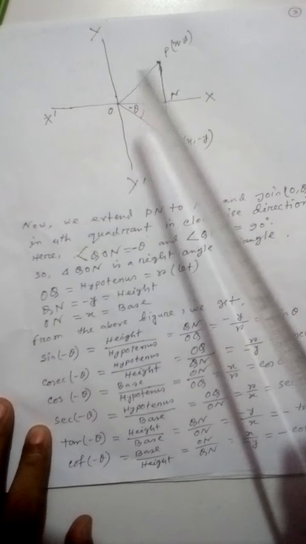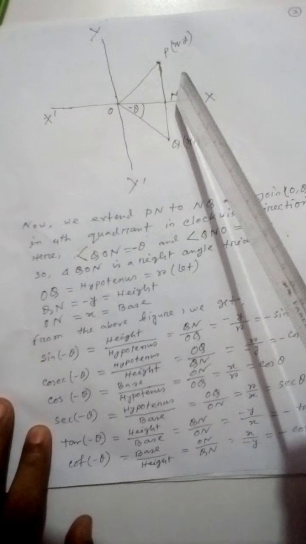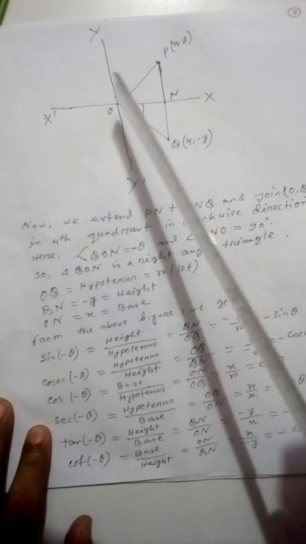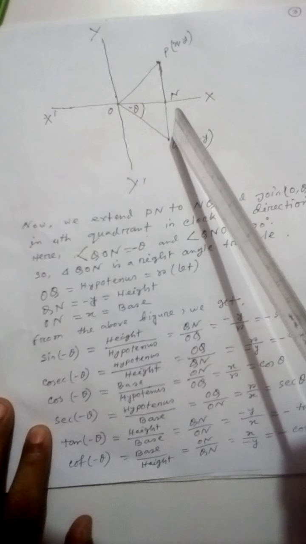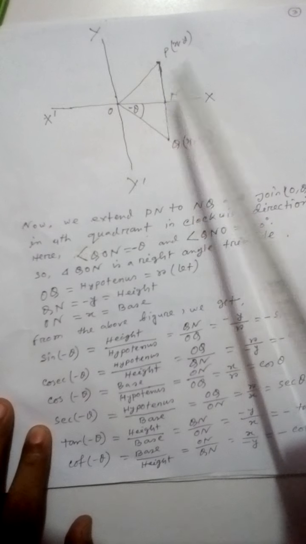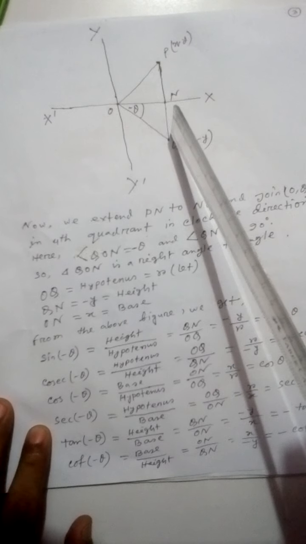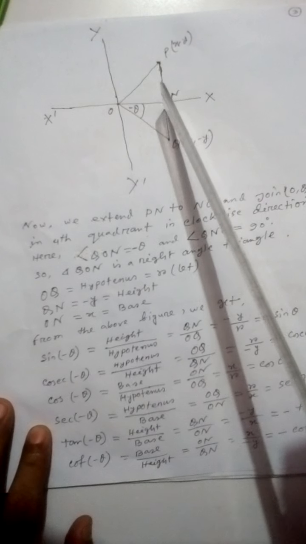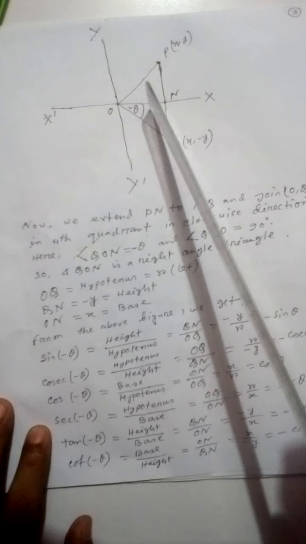So triangle QON is a right angle triangle. Here OQ equals hypotenuse equals R, let QN equal minus Y, the height, and ON equal X, the base.